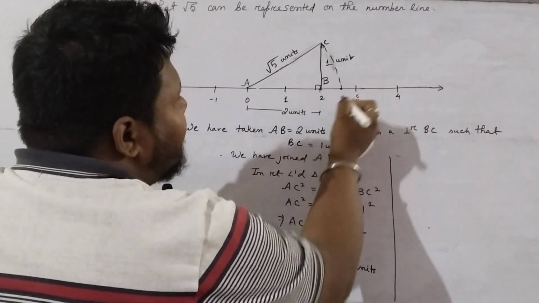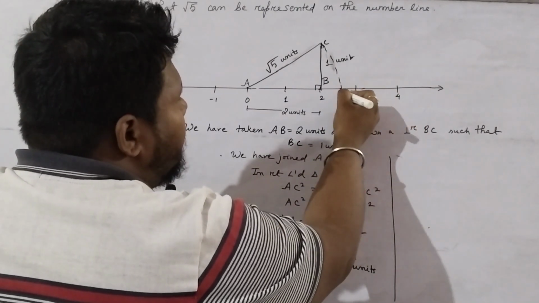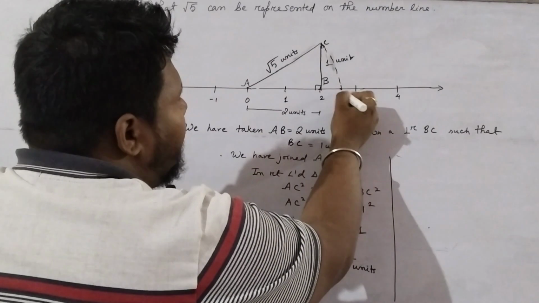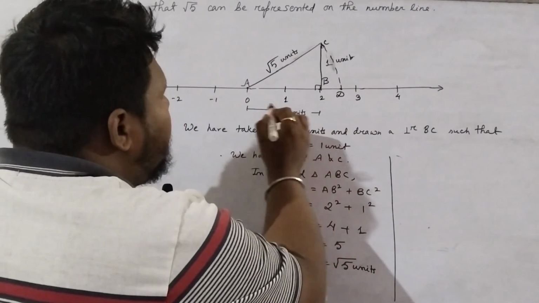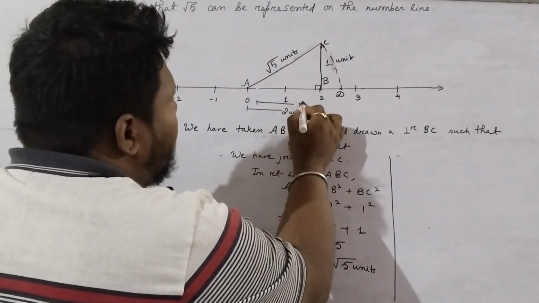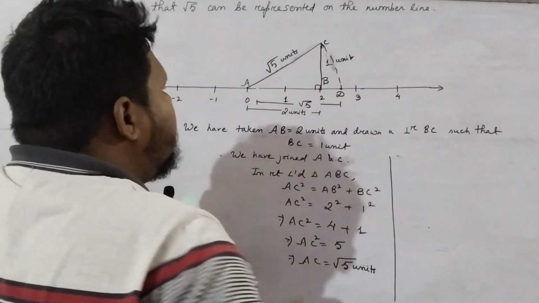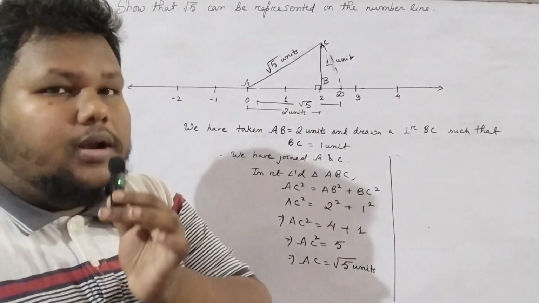Wherever the arc intersects the number line, you name it a point. Suppose I have named it D. This OD will represent root over 5 units on the number line.